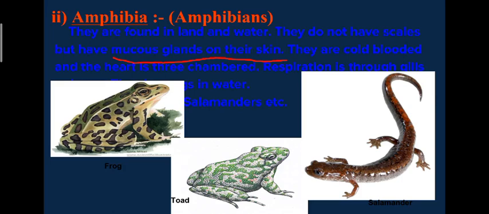What are cold-blooded? Cold-blooded organisms are those organisms which cannot maintain their body temperature according to the surroundings. Their body temperature varies with the surroundings. If surrounding temperature increases, their body temperature also increases. If surrounding temperature decreases, their body temperature also decreases. These are also oviparous. These lay eggs, and those eggs give rise to the new organism.